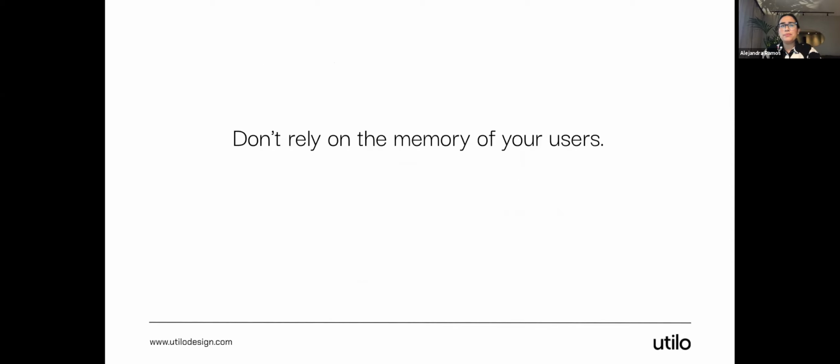And don't rely on the memory of your users. You have to aim for recognition rather than recall. Seniors might not be familiar with abstract icons and language in apps. So this is a little bit about seniors and culture.